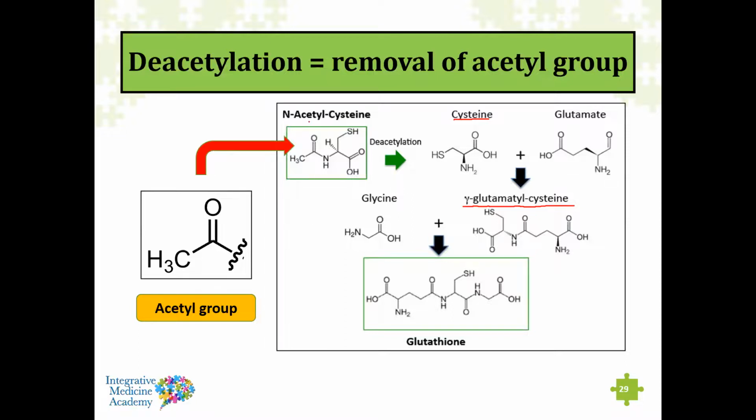Well, in order to get N-acetylcysteine to become cysteine, we need to do what's called a deacetylation reaction. That is where this acetyl group right here gets taken off. So this group is removed and N-acetylcysteine becomes cysteine. And now it can easily combine with glutamate and glycine to become glutathione.